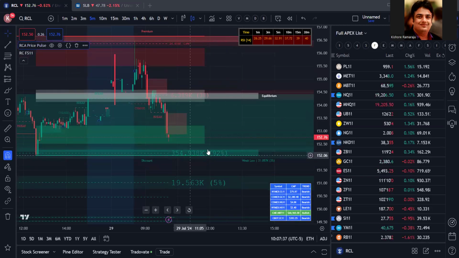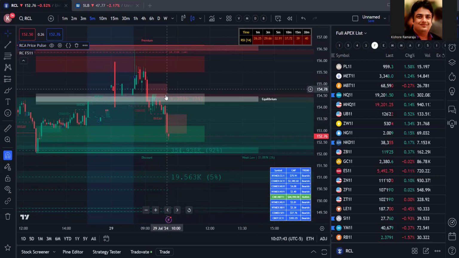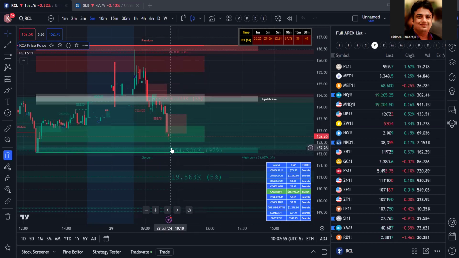If it comes and touches this, then it can go all the way up. Here you have a very small order block. Here you have a big buy order block. So we have a much higher chance for the stock to move up once it touches this price.